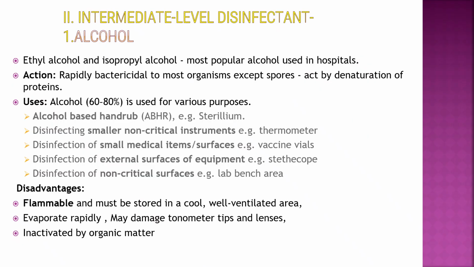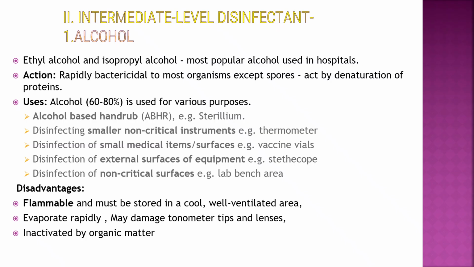Second is the intermediate level disinfectant. An example is alcohol. It can be used in preparations like ethyl alcohol and isopropyl alcohol, the most popular alcohol in hospitals. Action: rapidly bactericidal except for spores, by denaturation of proteins. Uses: alcohol is mostly used at a concentration of 60 to 80%, and can be used as a hand rub, for example Sterillium.